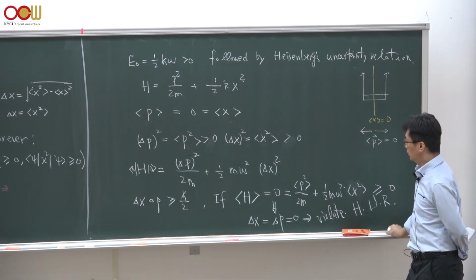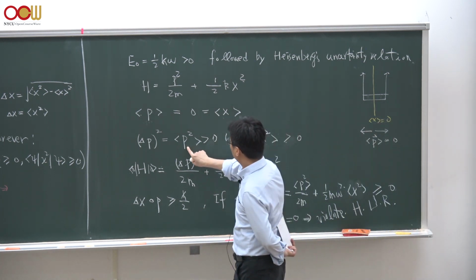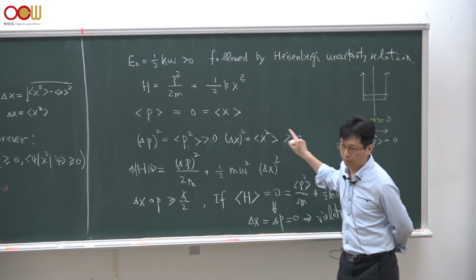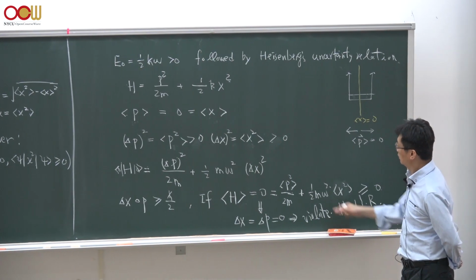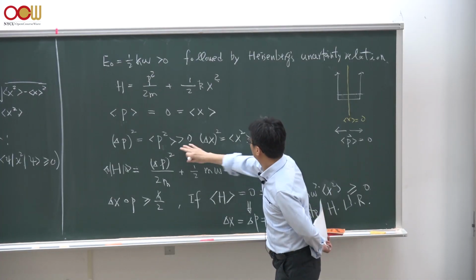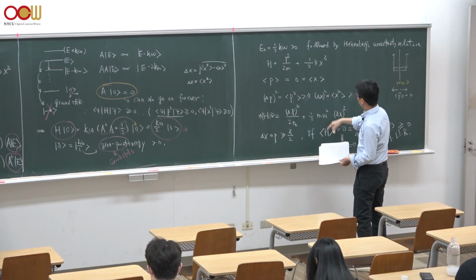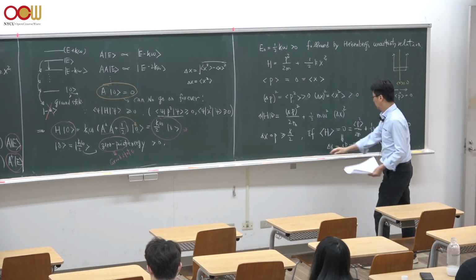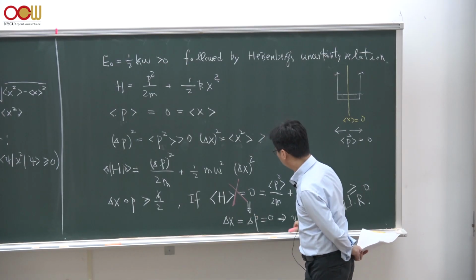So to satisfy this Heisenberg uncertainty relation, both p squared average and x squared average should be positive. It should not be that either this or that is 0. And this actually proves that this cannot work. Okay, so this H average cannot be 0.